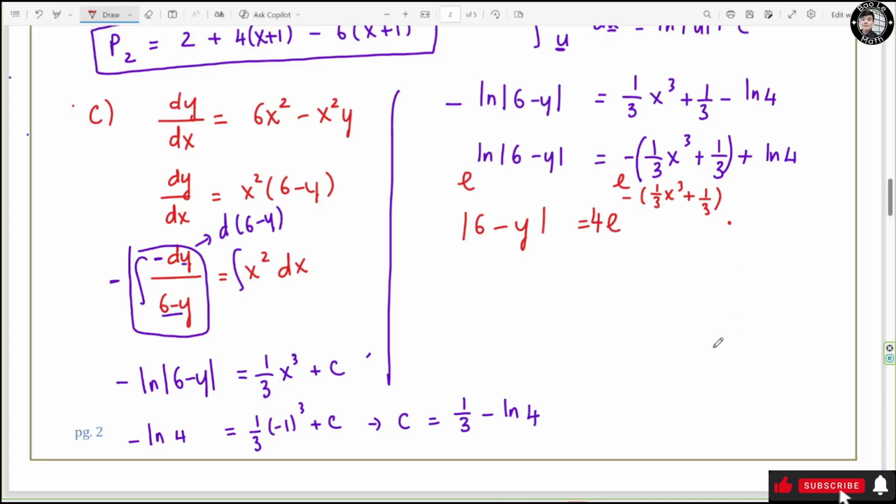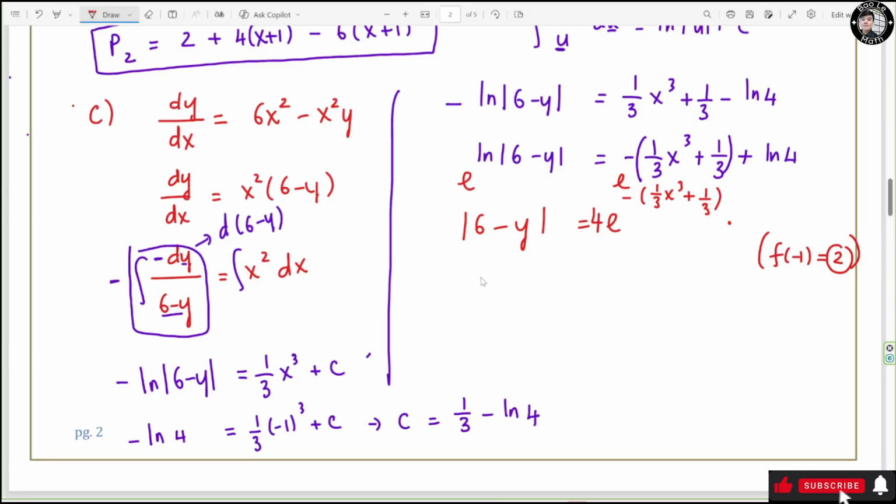So my initial condition is going to be f of negative 1 equals 2, right? I substitute 2 for y into this one, and 6 minus 2 is going to be 4. It is positive, so I remove the absolute value bar without changing anything.